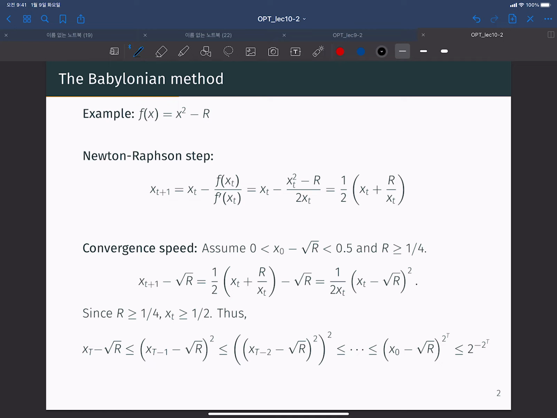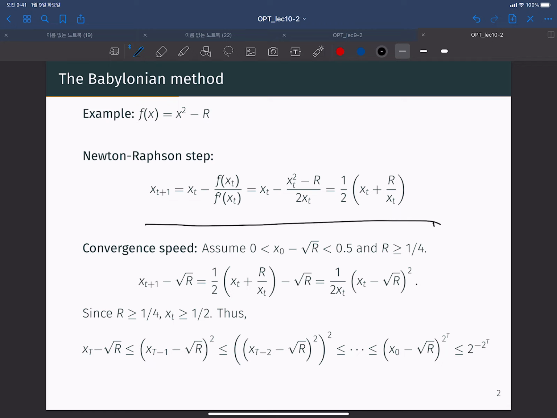So the Babylonian method is this. Let's say f(x) is equal to x squared minus r, then the Newton-Raphson method finds x_{t+1} in this way. And then the convergence speed is this.